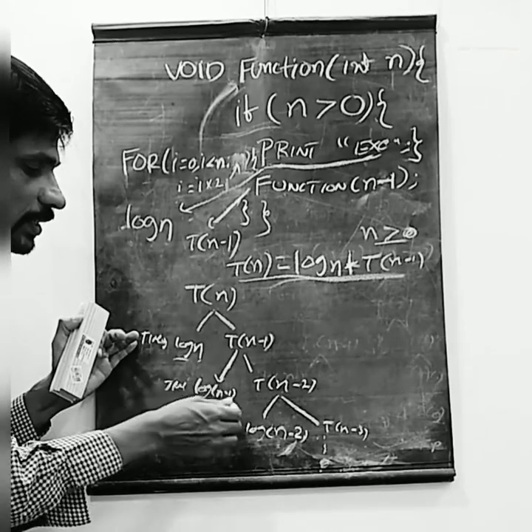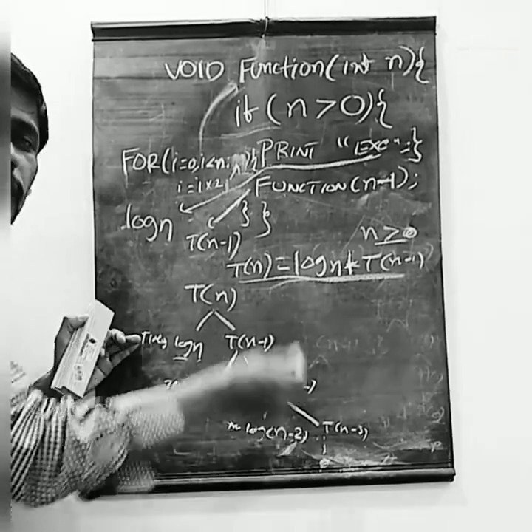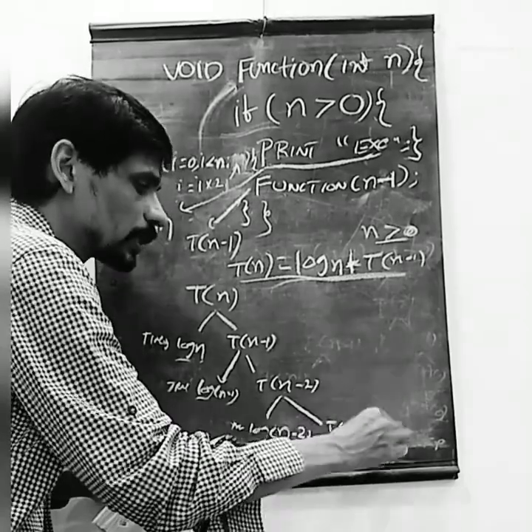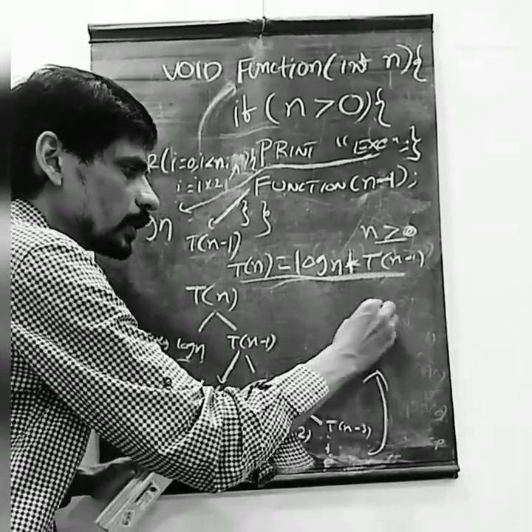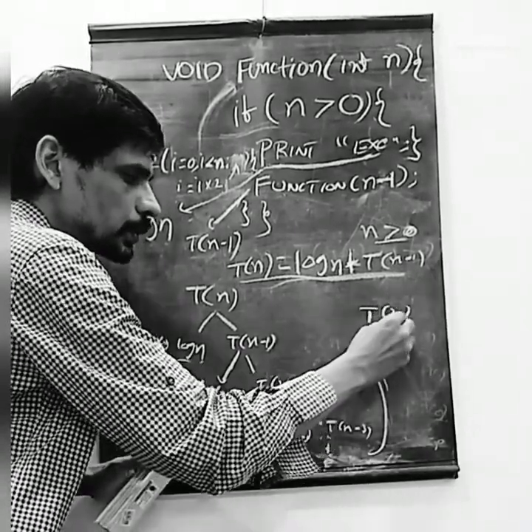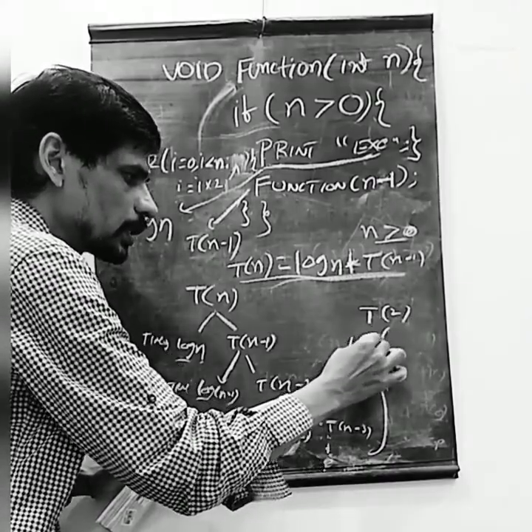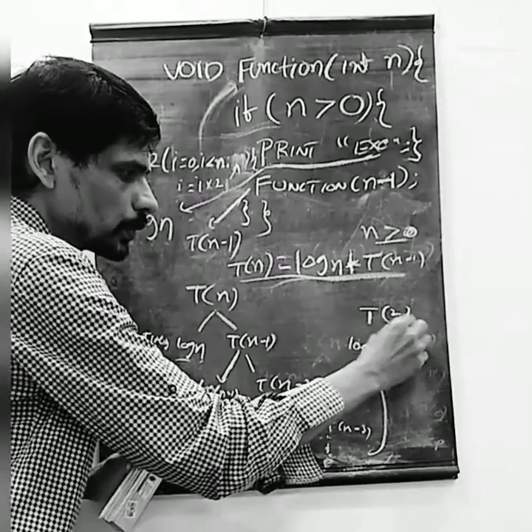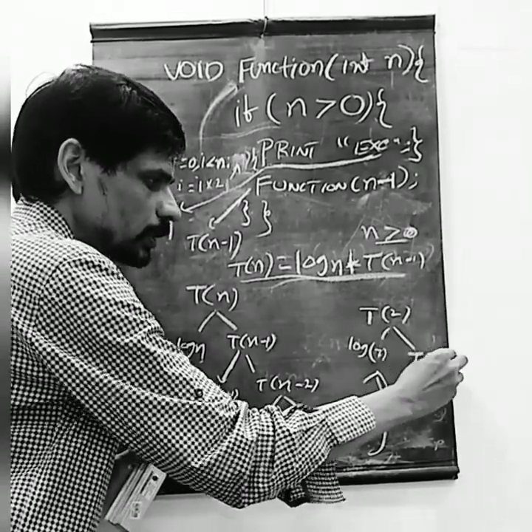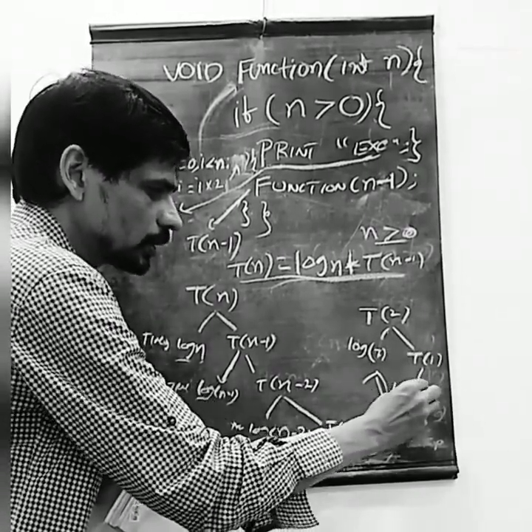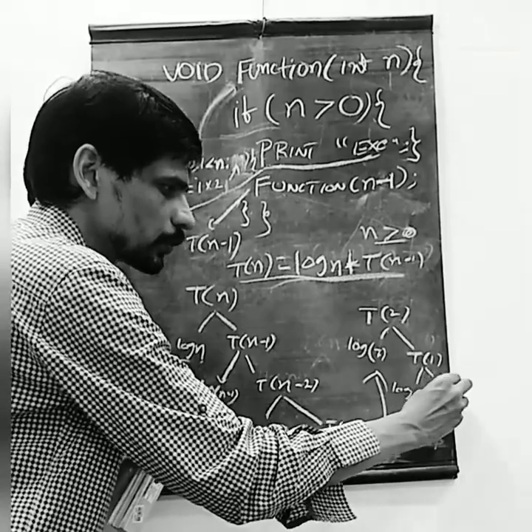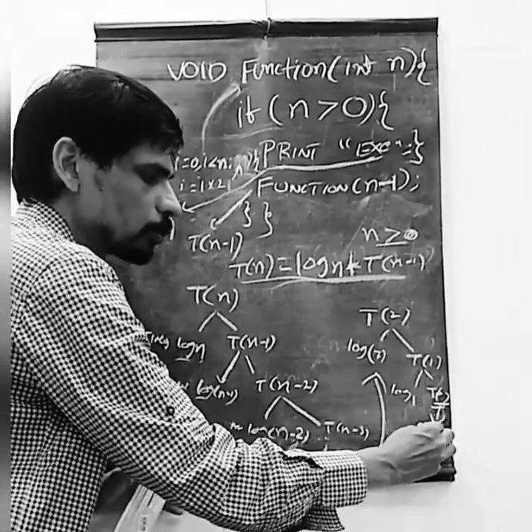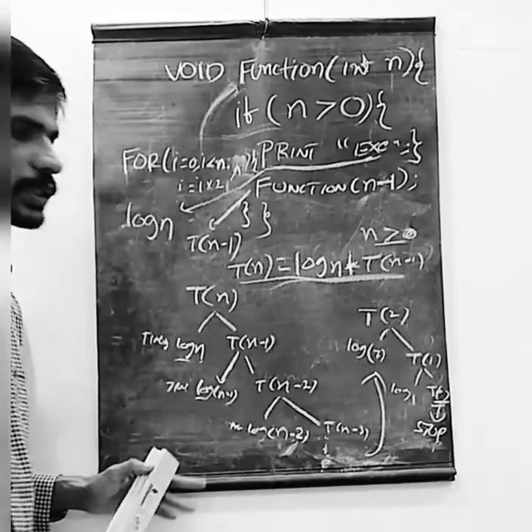If you observe n minus 1, n minus 2, n minus 3, we go on up to what? T of 2, log 2, T of 1, log 1, T of 0, right? So when my input becomes 0, I will stop my execution.